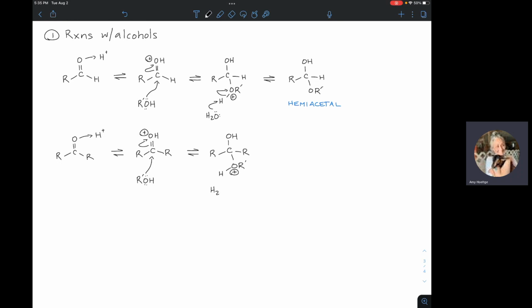This is probably from your acid solution. Notice this carbon went from sp2 to sp3.